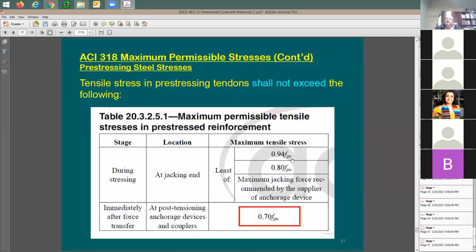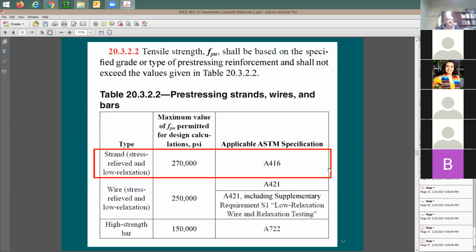Where did you get this 70%? I guess I was just talking about the 70%, right? FPU. I need your help here. Can someone take the 270 multiplied by 0.7? Tell me how much is that? 189. Great. Okay, here we go.